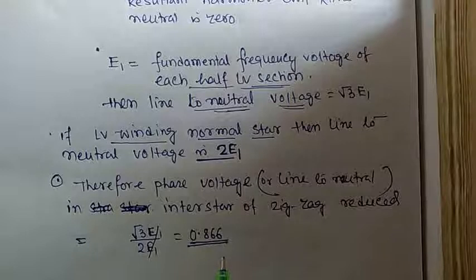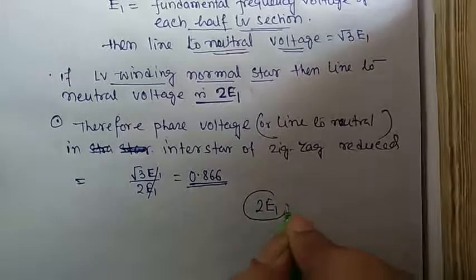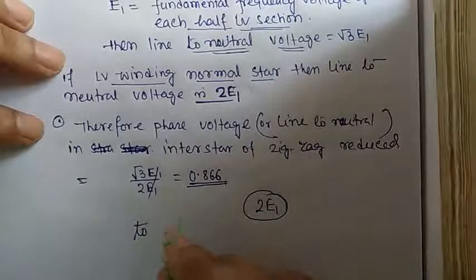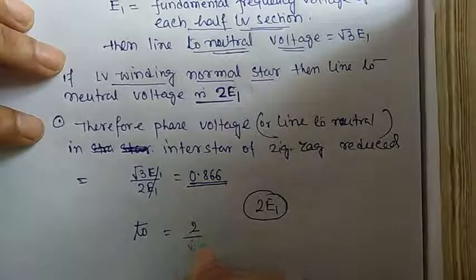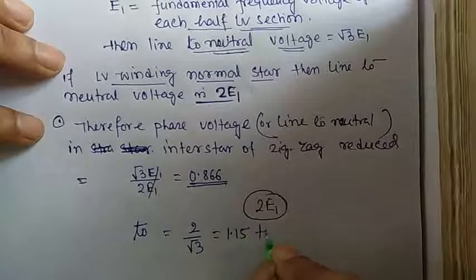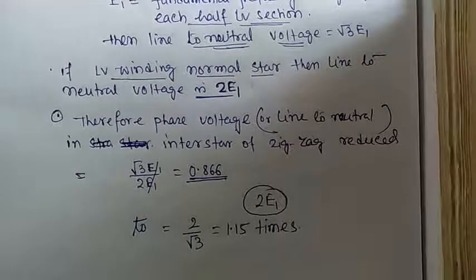Now if the voltage is 2E1 in a normal star, and it should be retained in interstar, then the LV turns must be increased by a factor of 2 by root 3, that is 1.15 times the value in star.